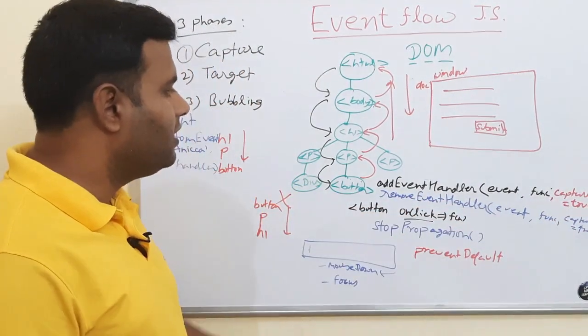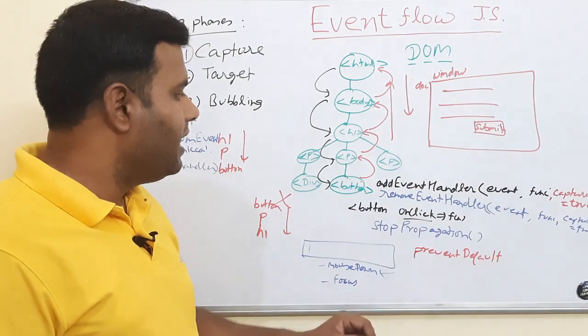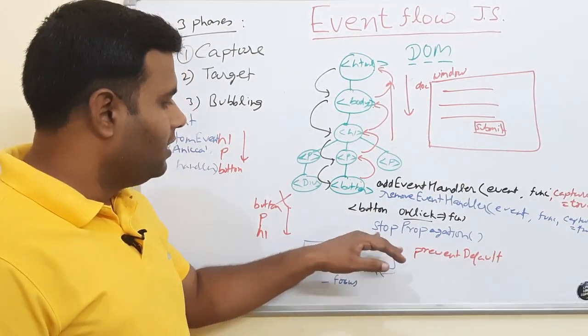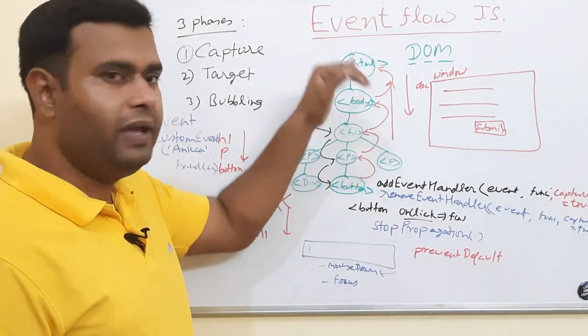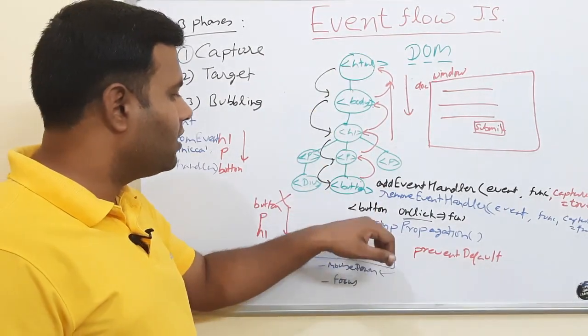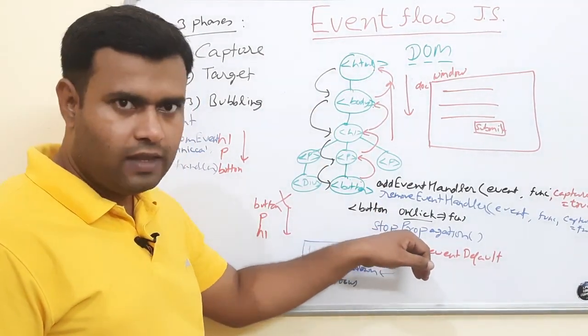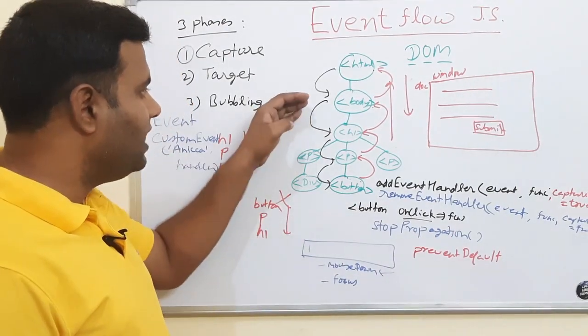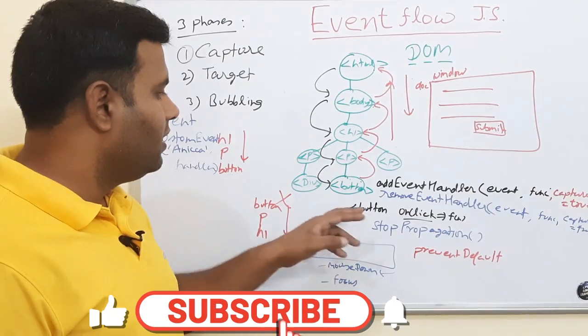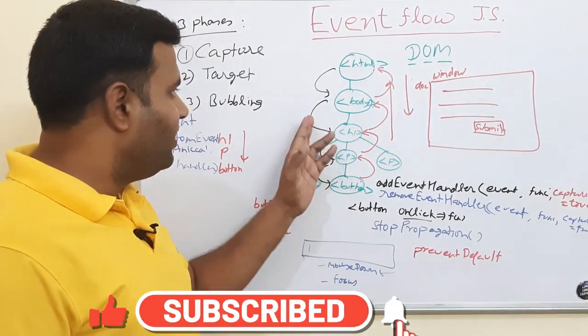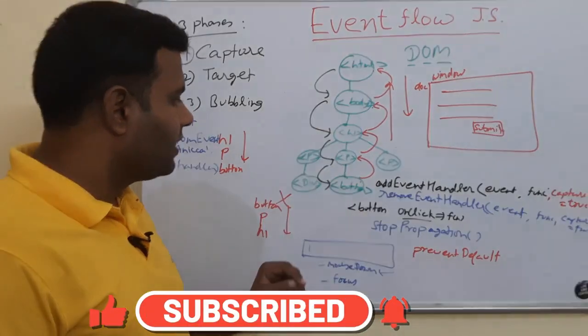Similarly, you can remove the event handler, and if you don't want to propagate that particular event to the parent, you can call stop propagation. This will stop the event from propagating downward or upward, in whichever phase you call it in your event handler.